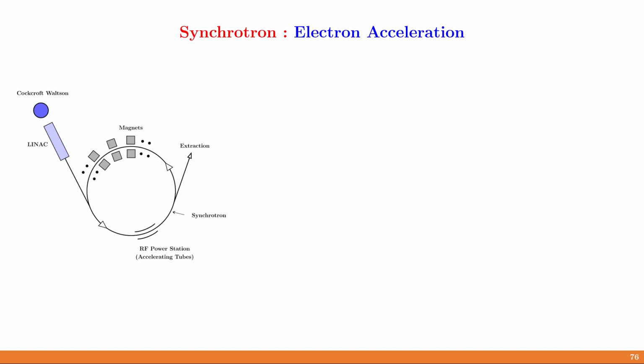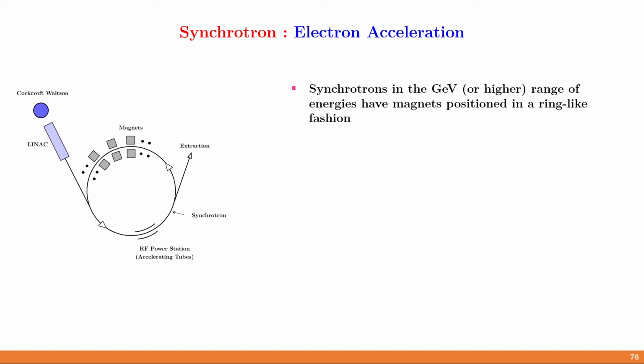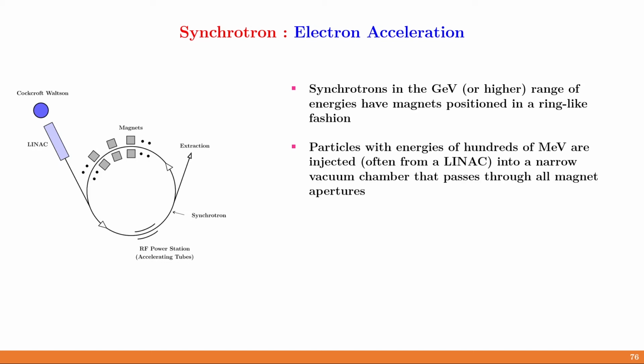Electron acceleration using a synchrotron. Synchrotrons in the GeV or higher range of energies have magnets positioned in a ring-like fashion. Particles with energies of hundreds of MeV are injected, often from a LINAC, into a narrow vacuum chamber that passes through all magnet apertures.